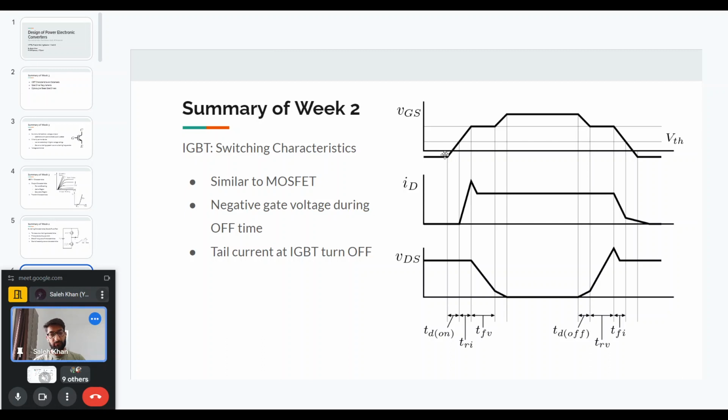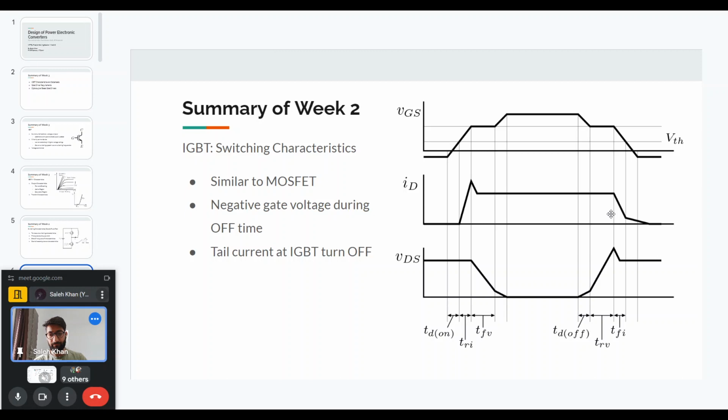And another main difference is that during the off time, it takes slightly longer for the collector current to fall to zero, and this is what is called the tail current, and this leads to the slower switching times of the IGBT.